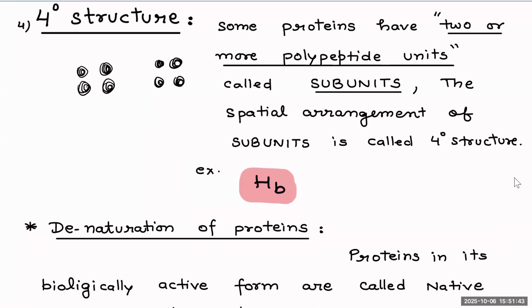Next one is 4 degree structure, quaternary structure of protein. Quaternary proteins will have two or more than two polypeptide units, called subunits. It is like this. This is one globular form, this is one globular form, and globular form. So it is a 3 degree structure, but the four together form one unit.